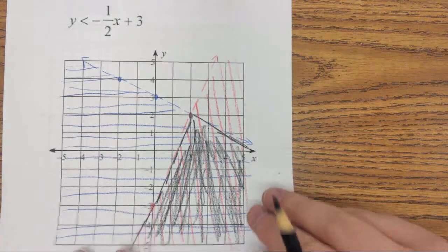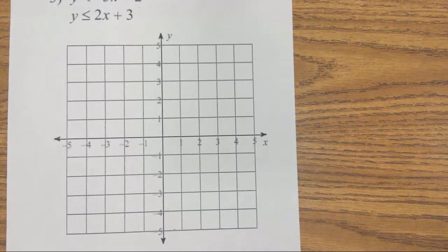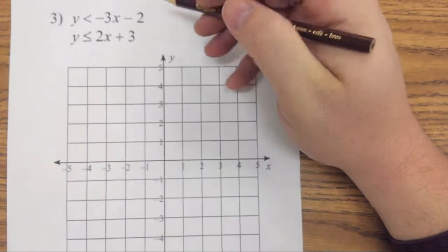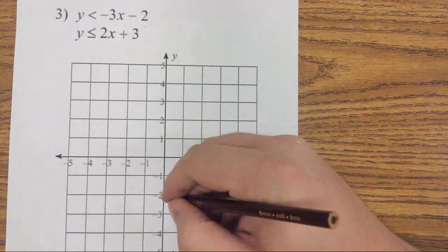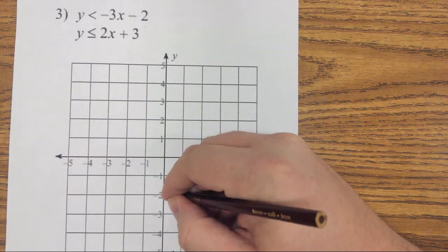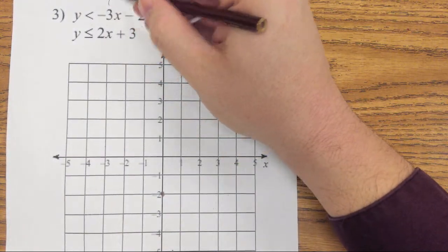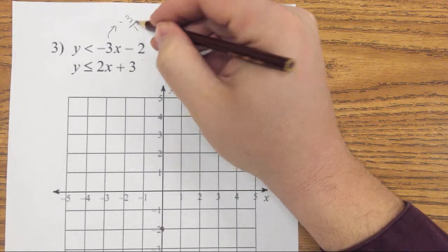Alright. Let's do one more real quick, and then we'll call it quits. Let's see here. Alright. So here's my first line. Y-intercept of -2. This slope is -3 over 1.